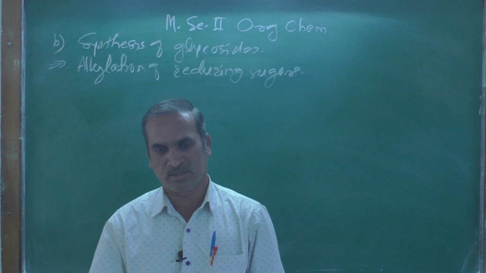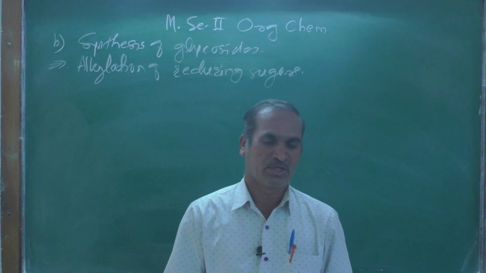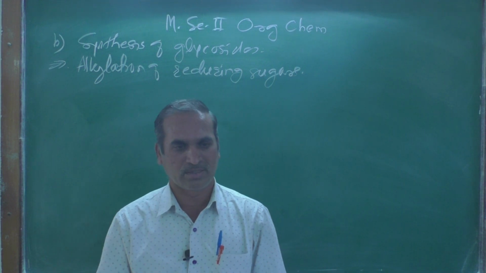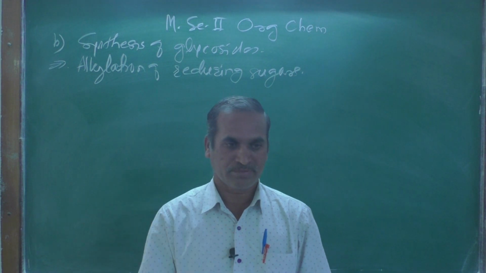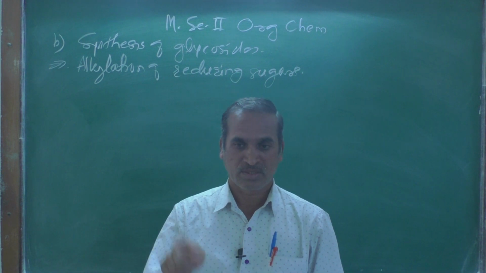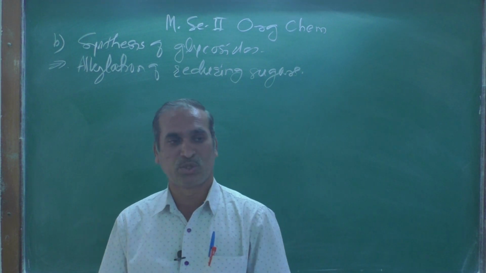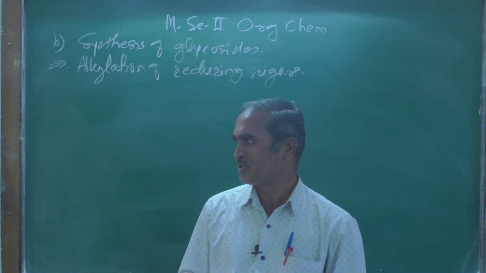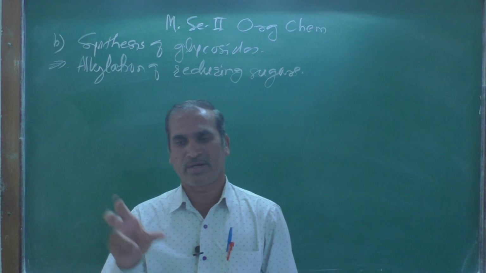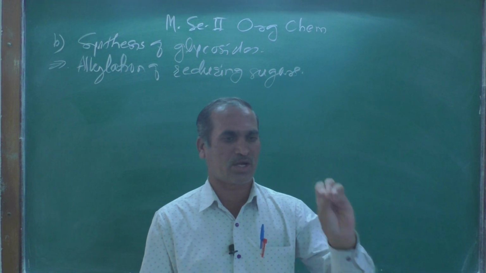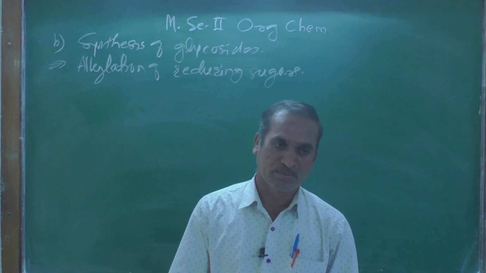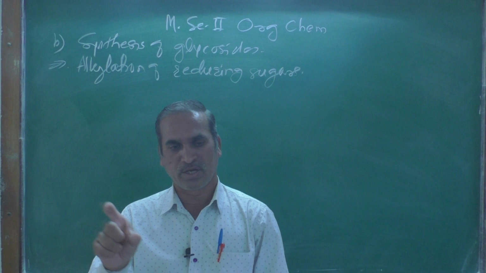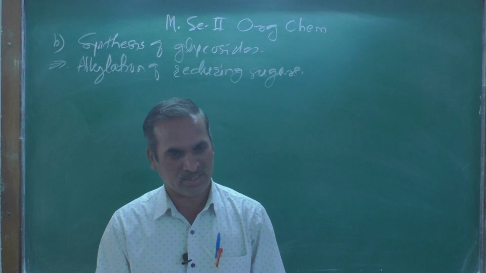If you observe the structure of D-fructose, you will find there are only 3 chiral centers, containing one additional carbonyl group. As we know, there are various definitions for carbohydrates. Carbohydrates are polyhydroxy aldehydes or ketones, or compounds which give rise to sugar units on hydrolysis.